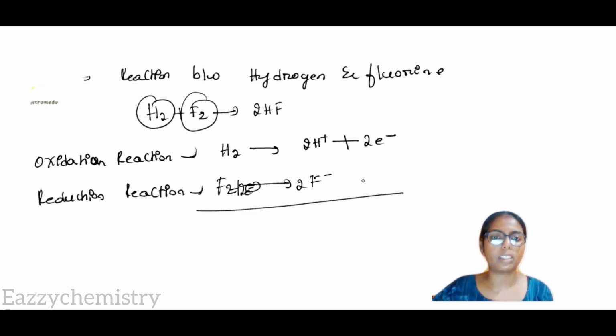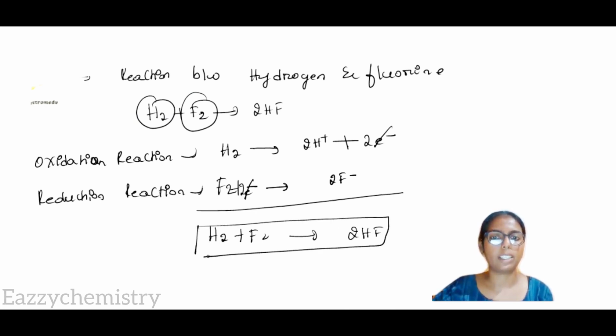If we add both reactions, the 2 electrons get cancelled, so finally we get H2 plus F2 giving 2HF. This is the final redox reaction.